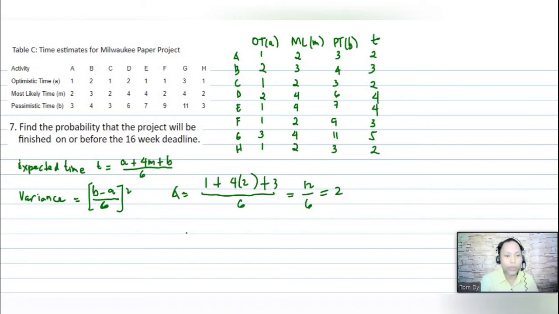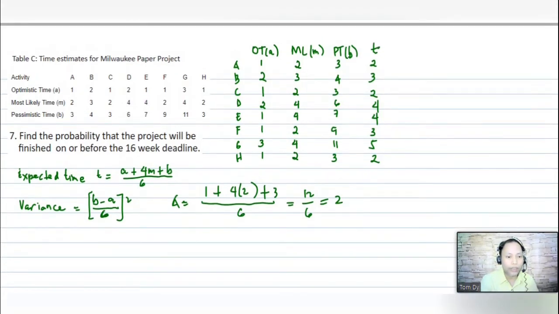So when we compute the variance of A, B is 3, so 3 minus 1 over 6, and then raised to 2. So 3 minus 1 equals 2 divided by 6, that is 1/3.